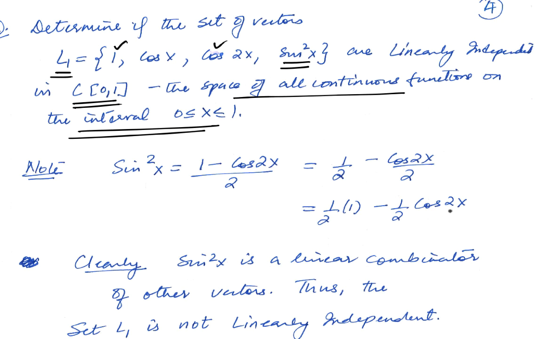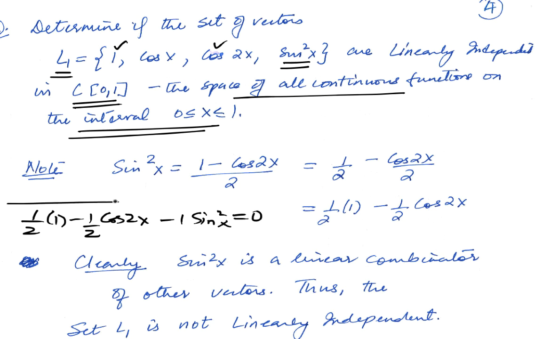So if I write it in a different form, I have half times 1 minus half times cosine 2x minus 1 times sine squared x, taking this equal to 0. What do we see? I see an equation where I have coefficients that are not 0. And hence, it's linearly dependent.